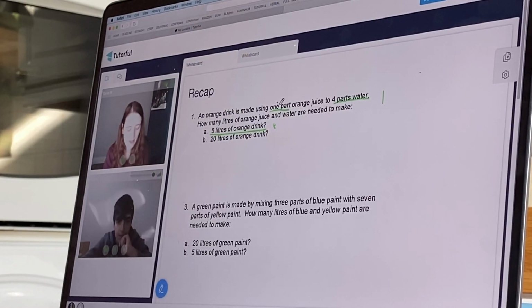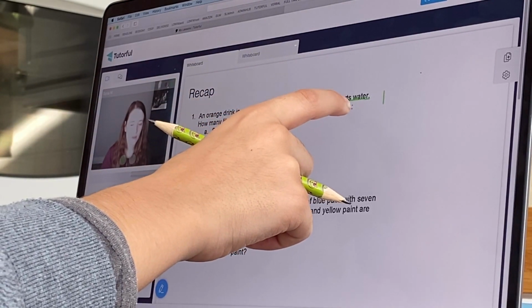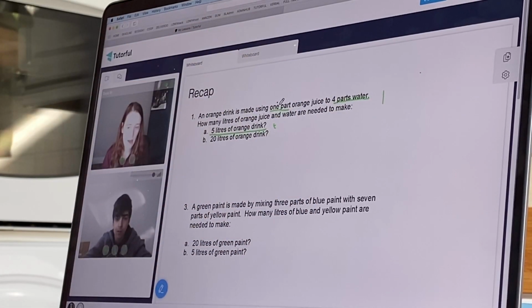Yeah, brilliant. So we need 1 part orange juice and 4 parts water. If we want to make 5 litres, how much orange juice do we need?